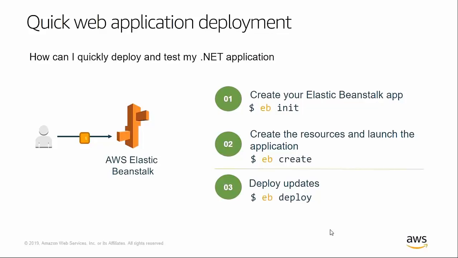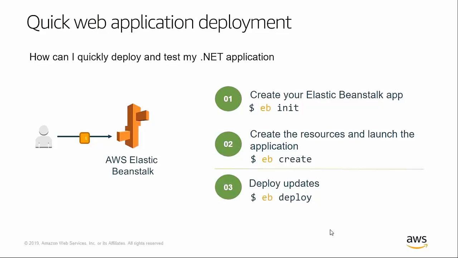Once those prerequisites are met, it's really as easy as installing the Elastic Beanstalk CLI, going into your local project directory and running two simple commands. You run eb init, which will create your application, and then eb create.